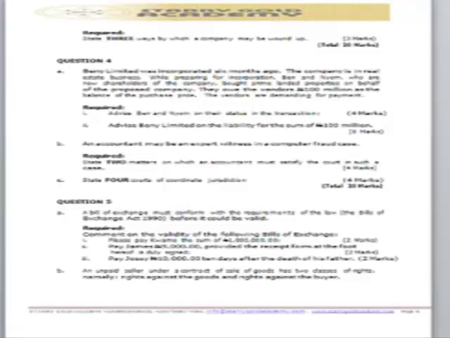It says state, so this is a very straightforward and very easy question. Just state. So where a company is to be wound up, we have different types of winding up, whether compulsory winding up, voluntary winding up, or winding up subject to supervision of the court.